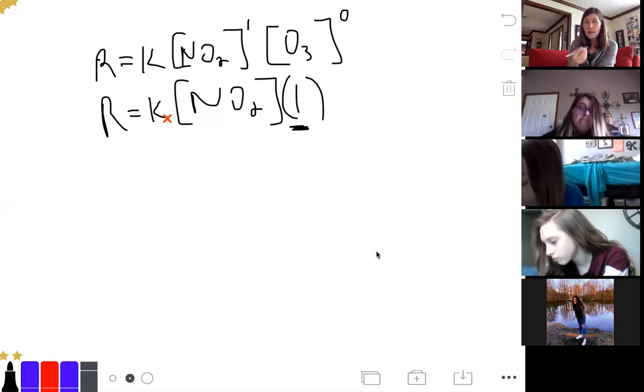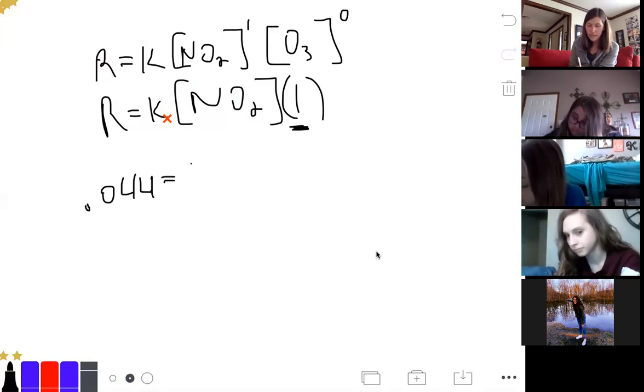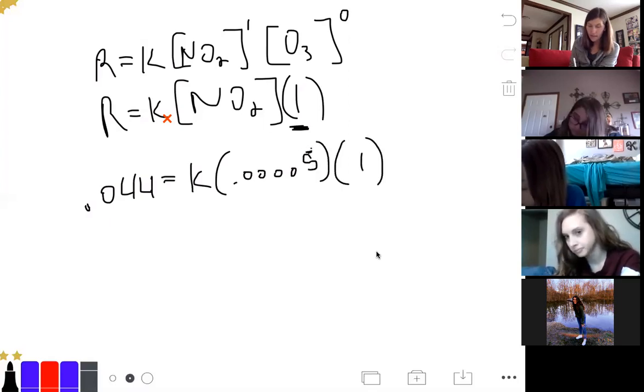So then at that point, I'm done with that one, except I just need to find what K is. I'm going to pick a trial, so I'll pick the second one just because I can. I'll say the reaction rate 0.044 is equal to K times 0.05. I don't know why they didn't do these in scientific notation, but they didn't. And then just times 1, yes, times 1, that is true.